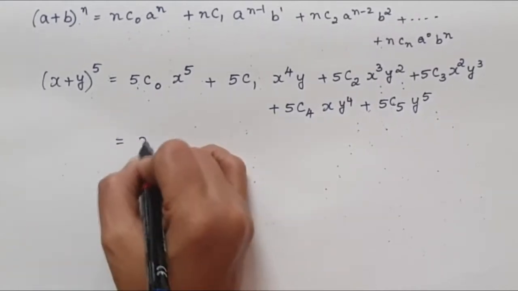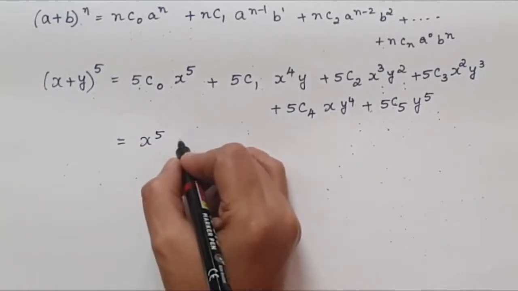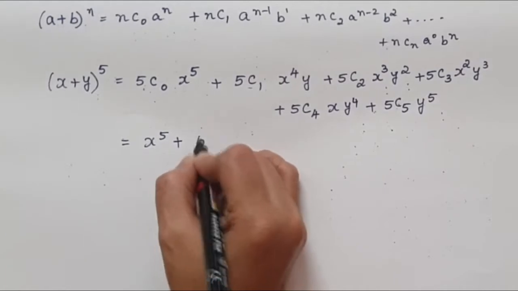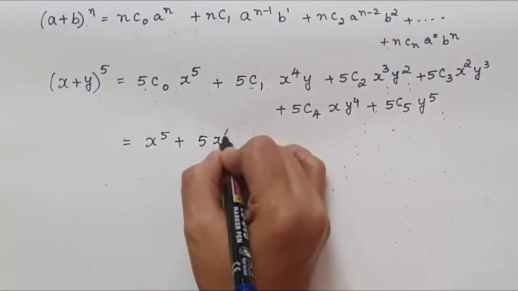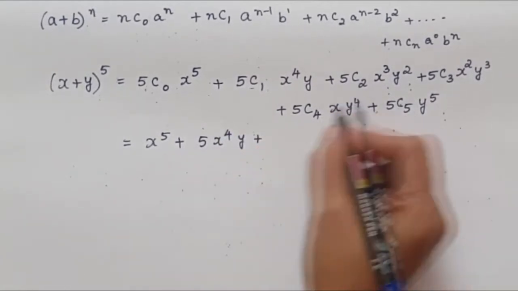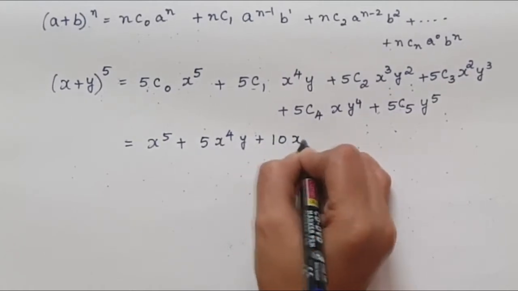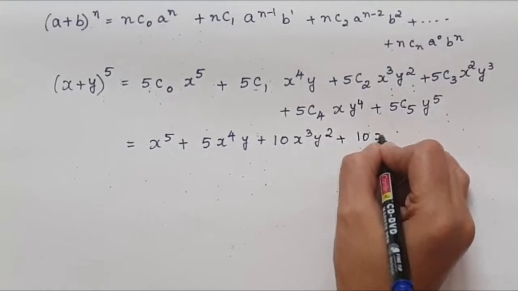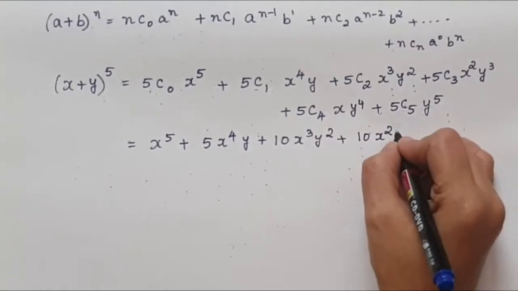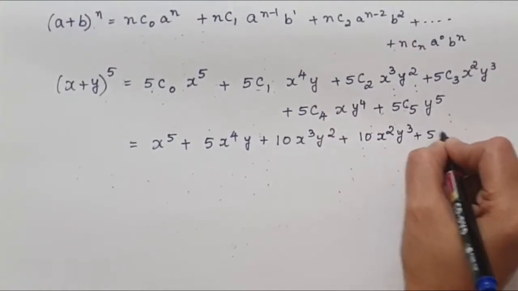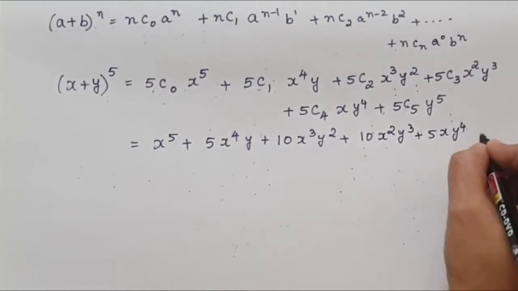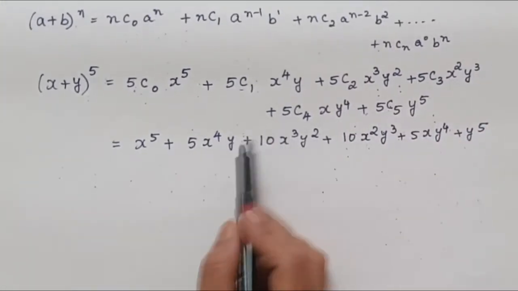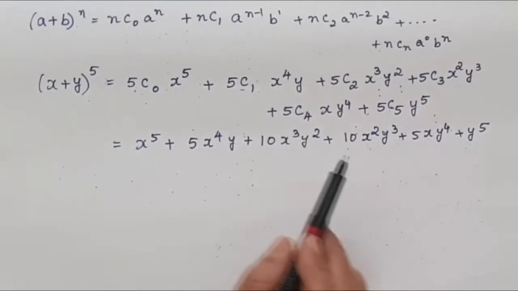So when you do it, it comes as x power 5 plus, just apply 5C1, you will get 5 x to the power of 4 y, plus 5C2 will give you 10 x cube y squared, plus again 10 x squared y cube plus 5 x y power 4 plus y to the power of 5. These coefficients can be found even with the help of a calculator.